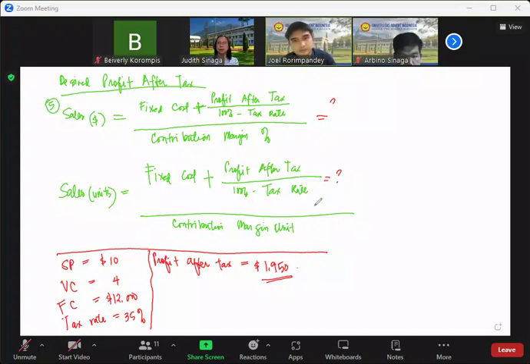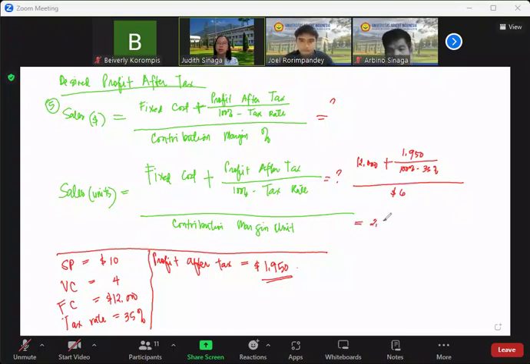Okay. So, kita ke units ya. So you have here 12,000 plus 1,950 over 100% less 35% over contribution margin per unit is 6. So you will get a number of 2,500 units. Okay. Di atas berapa?